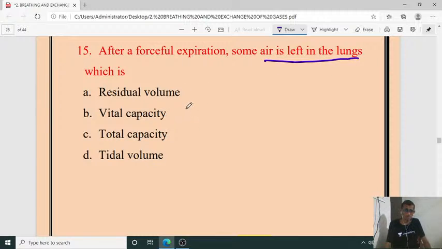It is the residual volume. So remember the different terminologies: vital capacity, total lung capacity, tidal volume, expiratory reserve volume, inspiratory reserve volume. These are the terminologies commonly asked in our MCQ. So make a note of it.